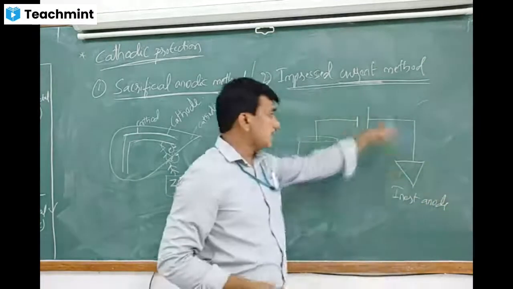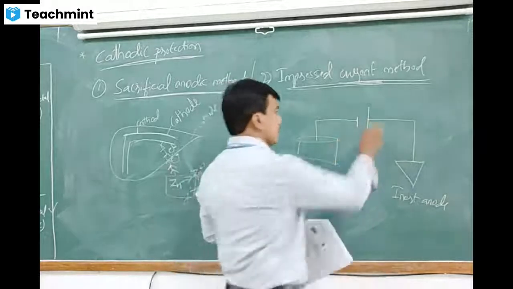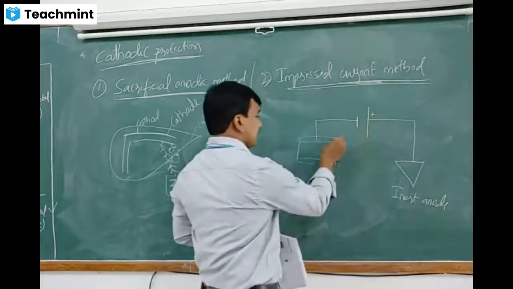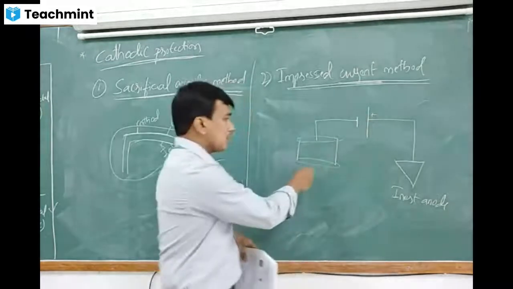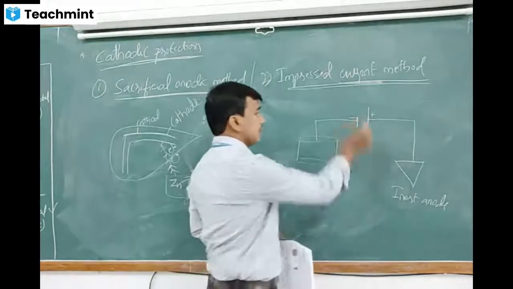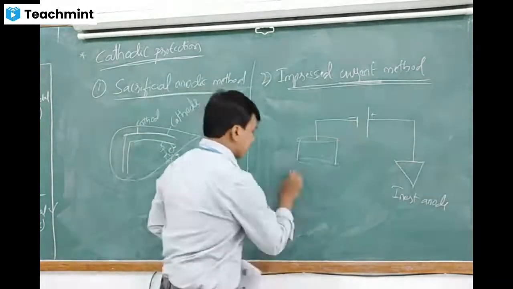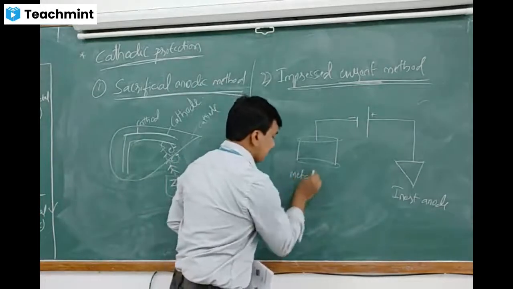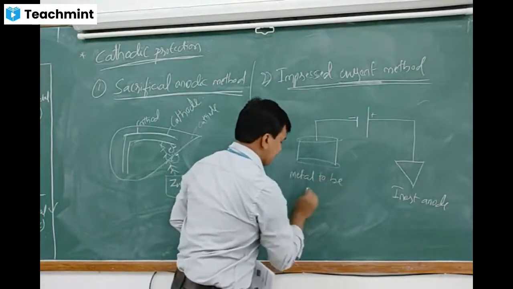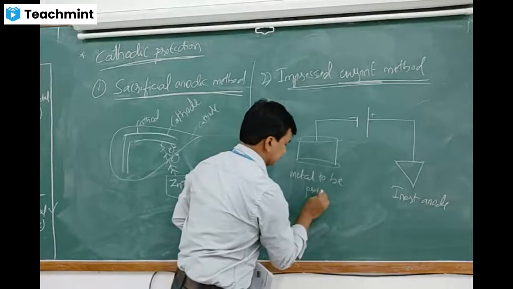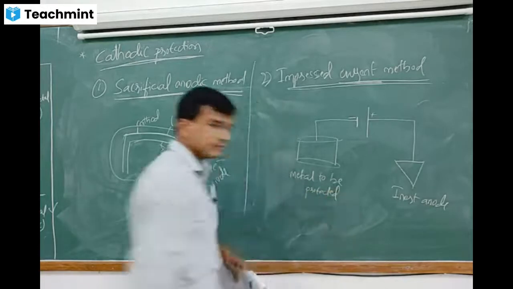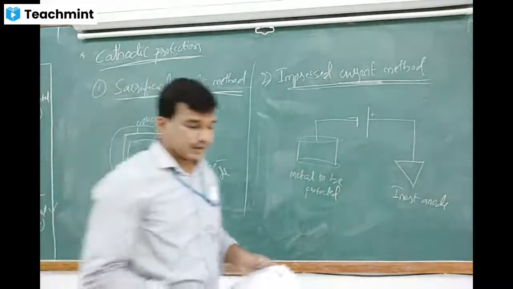The anode is connected to the positive terminal of the battery, and the metal which we want to protect from corrosion is connected to the negative terminal of the battery. Metal to be protected.